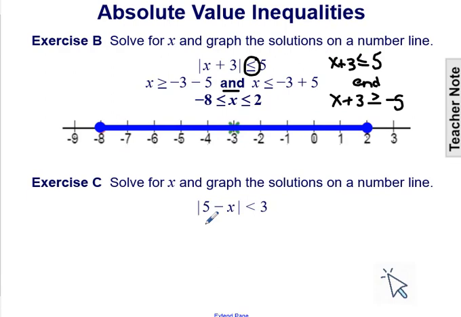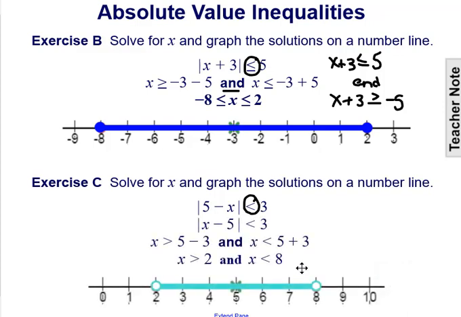Here, C, we have the absolute value of 5 minus x is less than 3. So we split this, again, less than. So it's going to be an and compound inequality where we have the absolute value of x minus 5. They're just factoring out a negative 1 and taking the absolute value of negative 1, so they're switching it around.